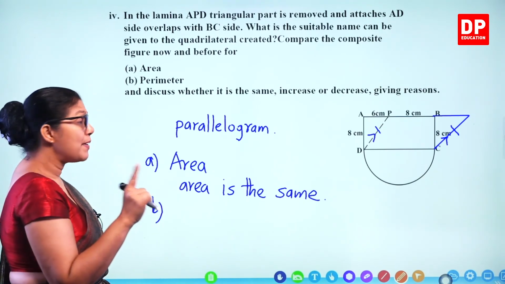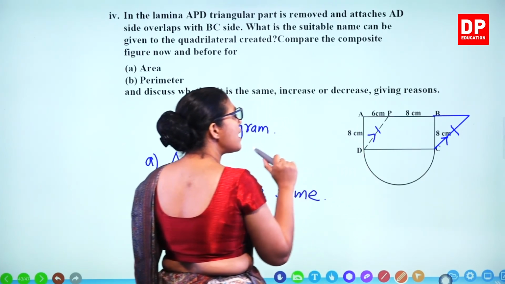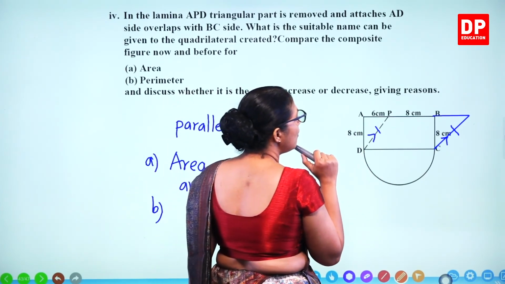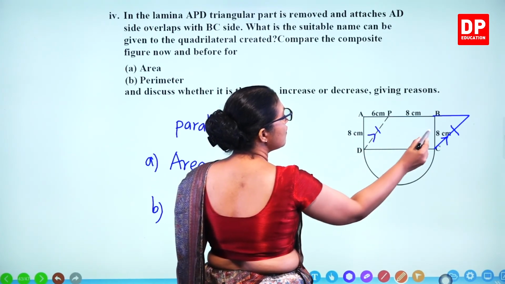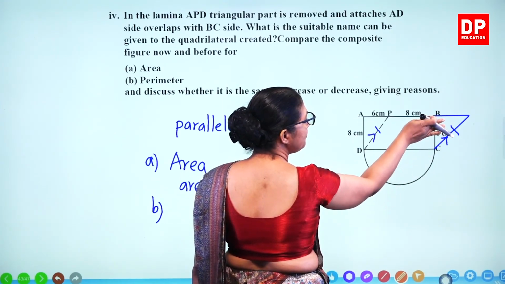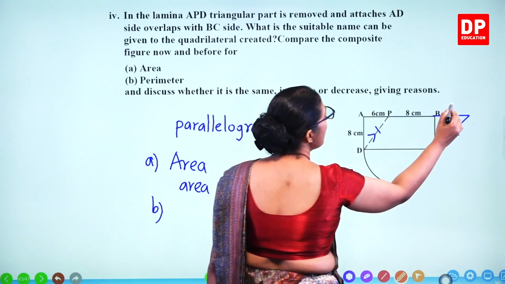Perimeter. Perimeter means outer length. Now think about if you are taking previous perimeter, what are the changes that happen? So 8 is not coming now. Earlier 8 was there. 6, you get 6 here.